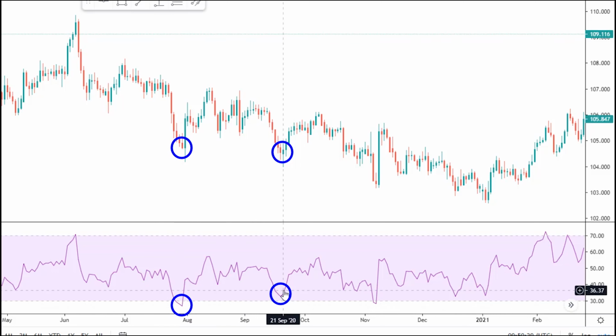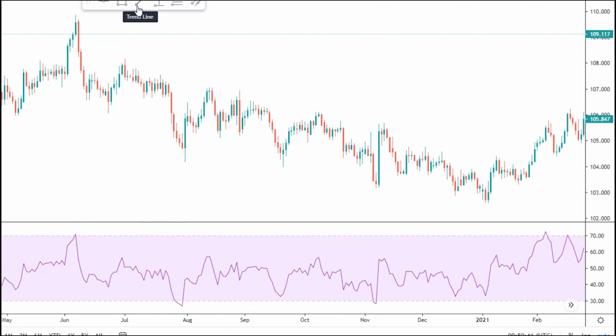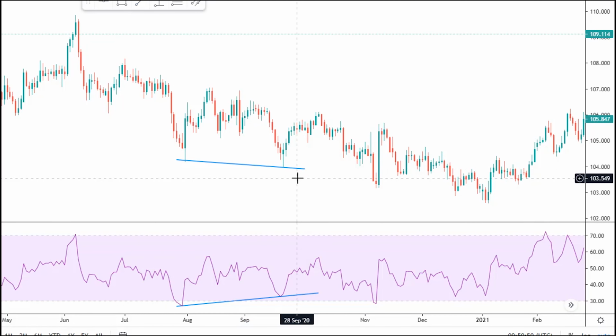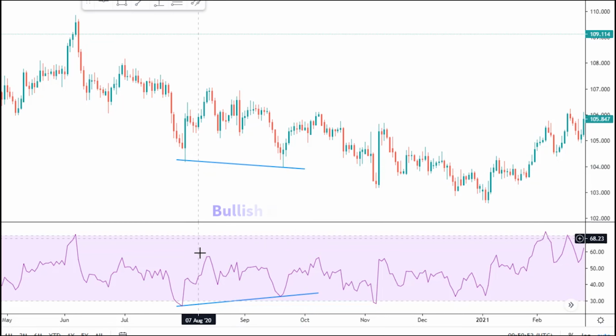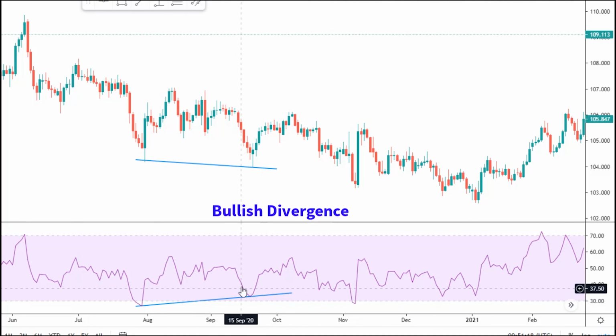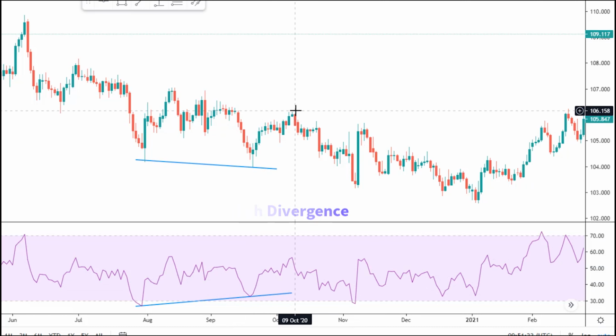But on the RSI, the second low has a higher low than the previous low here. This transformation on this indicator suggests selling pressure is weak, and there's higher probability of a bullish move upward. This setup here is called a bullish divergence. We can see how it led into a short bullish move.